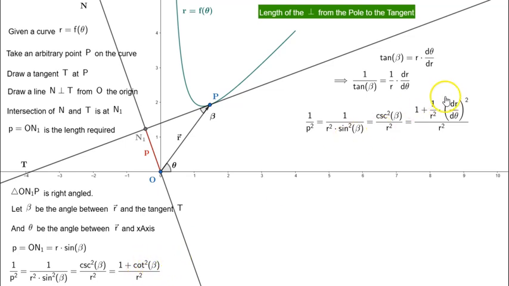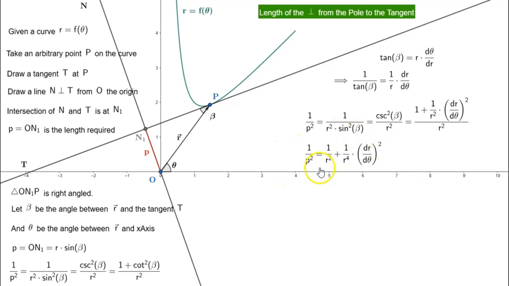So cot squared beta, and we know 1 by tan beta is cot beta, which means we take the square of this. So 1 by r squared times (dr by d theta) squared, the whole thing divided by r squared. So 1 by p squared is equal to, now we simplify this, 1 by r squared plus 1 by r to the power of 4 times (dr by d theta) squared.